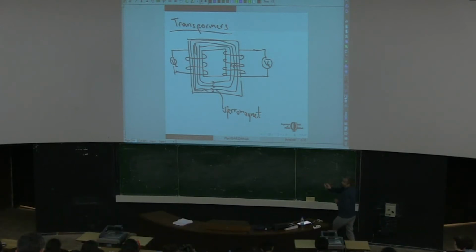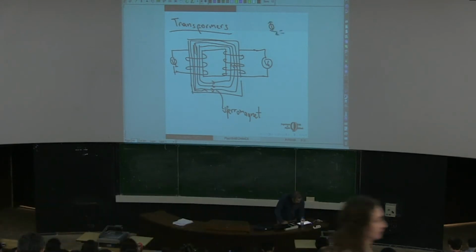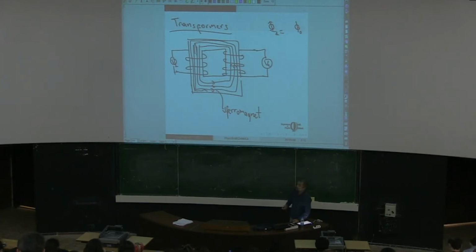Now the flux through the first solenoid, let's say phi1, will be equal to, let's just say phi0 for the flux that goes through a single loop, times N1. So this has N1 turns, and here we have N2 turns.